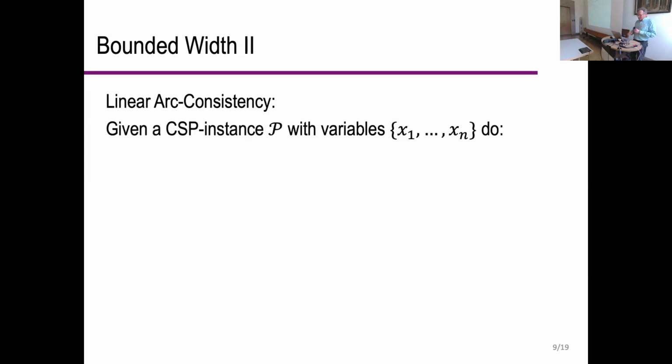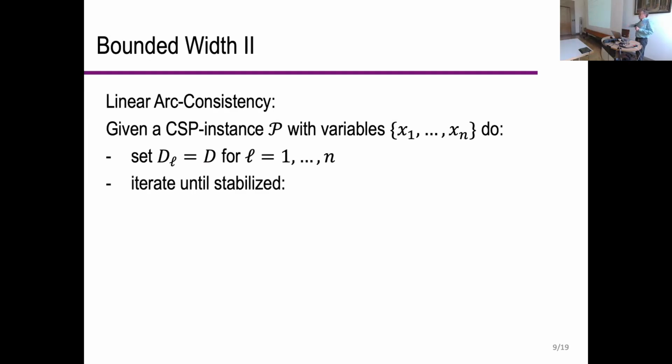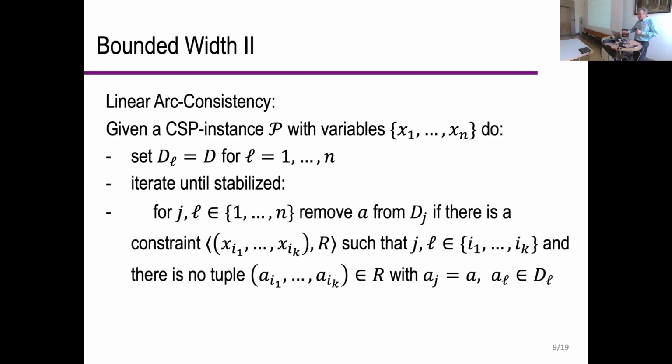So it works as follows. I have a CSP instance. Again, I set up domains for each variable separately, and I will iterate this until everything stabilizes. If I look at two variables xj and xl, and it so happens that in some constraint where both of them appear, a cannot be assigned to xj, given the restrictions on xl.